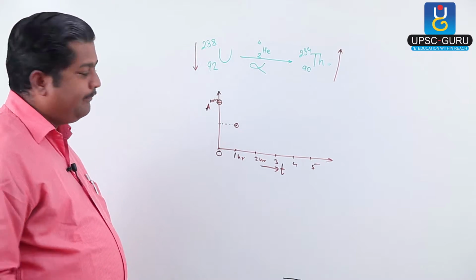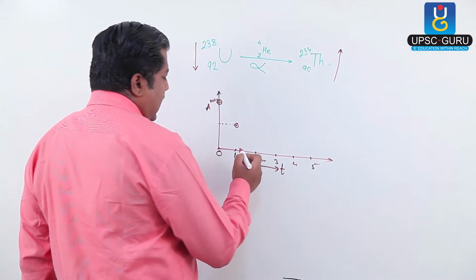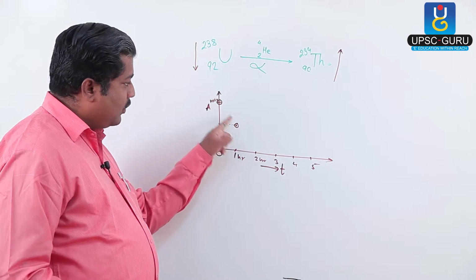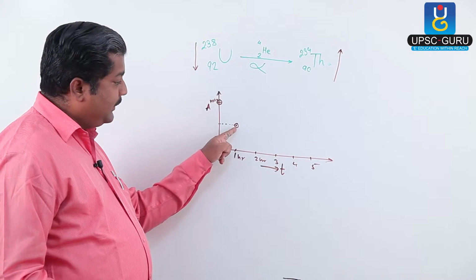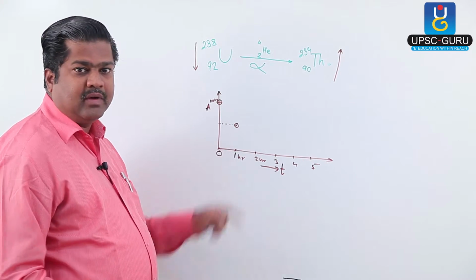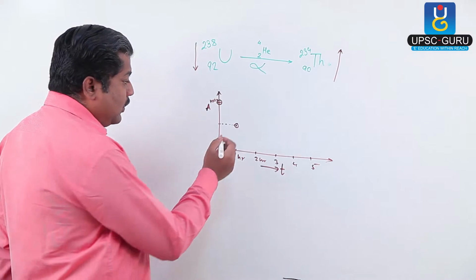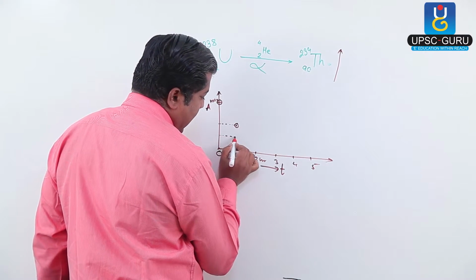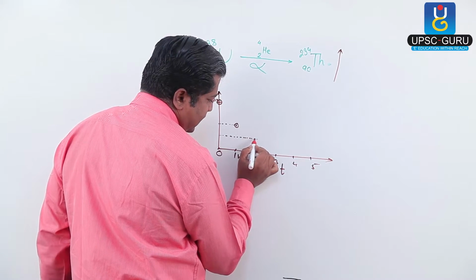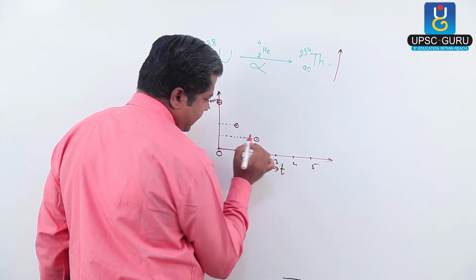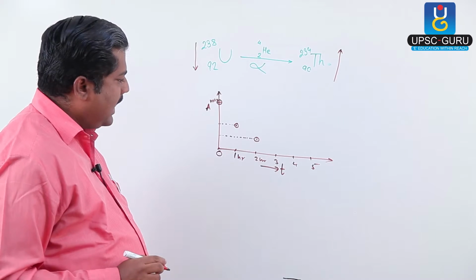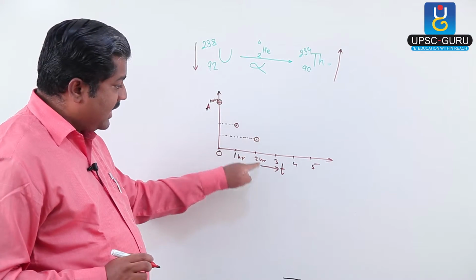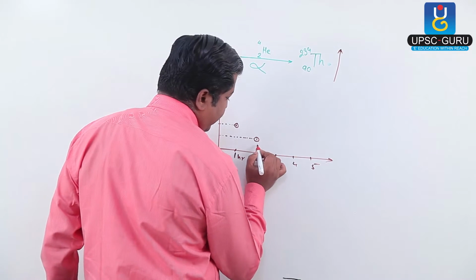that is thorium. Now after 1 hour, of the initial amount, half will be converted. Getting the idea? So here the initial amount is this. After 1 hour it will be half of it, and so we get a graph like this. After 1 hour, half of the initial amount will be converted into thorium.